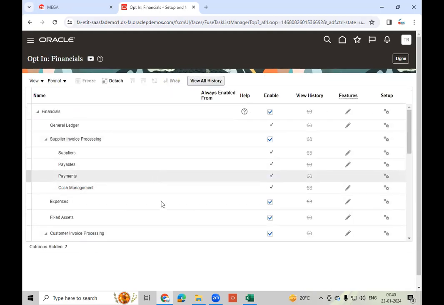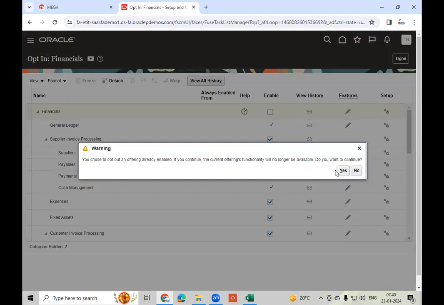See here, this one is already enabled. Suppose I disable this one from here. Initially, the checkbox against financials will be in unchecked mode, but based on your license, you will enable those. First you will enable a top offering, and under that you will enable features.